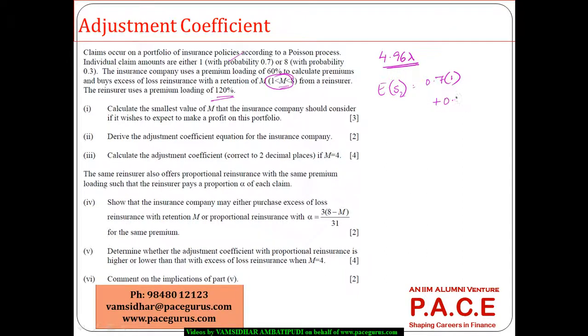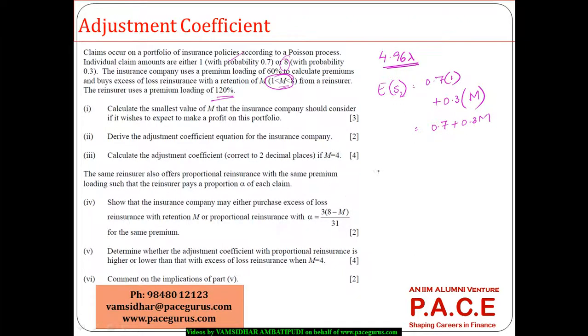But with the 30%, the only possibility is 8 coming. In that case, M is the amount borne by the insurance company up to the retention limit, and 8 minus M would be borne by the reinsurer. So the expected claim payout is 0.7 plus 0.3 M.